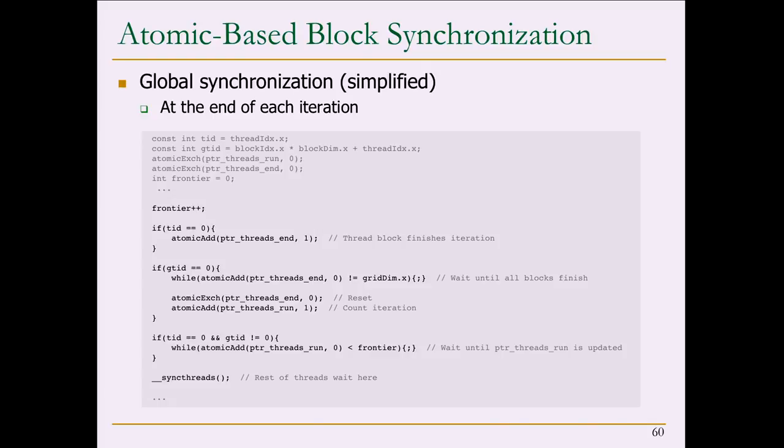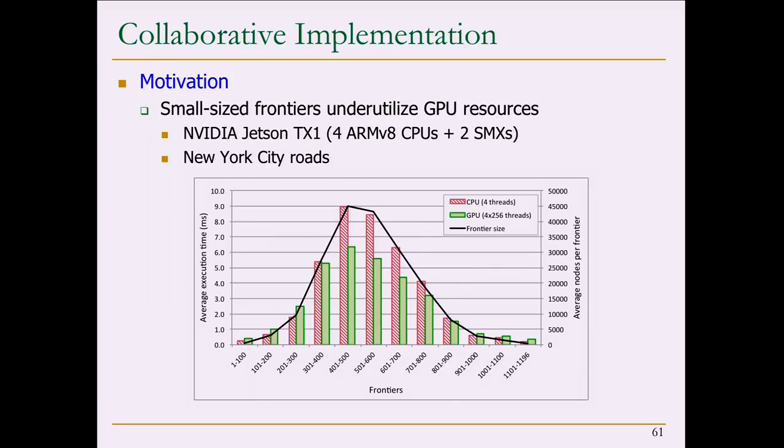So now let's motivate our collaborative implementation. This is a GPU implementation, and we are going to use it in our collaborative implementation. Essentially, by looking at the execution time that is needed for the different frontiers, we realize that depending on the size of the frontier, it might be better to use CPU threads or GPU threads. Let's think about the examples we had before.